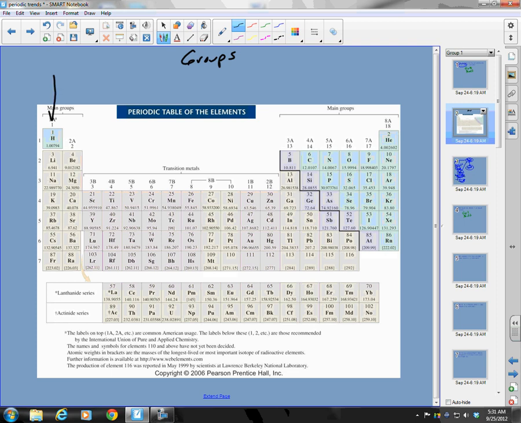So my group 1 is called the alkali metals. Group 2 is called the alkaline earth metals.